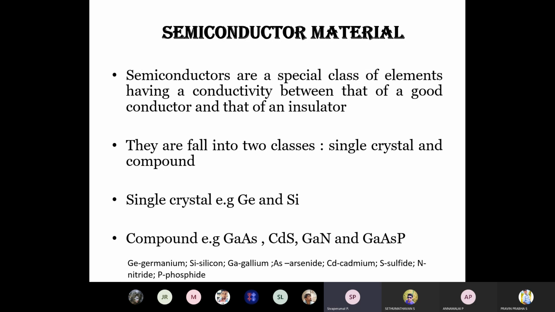Compounds are gallium arsenide, gallium nitride, and gallium phosphide. Those we have discussed for compounds, and for single crystal it is only silicon or germanium. The materials are classified into these two sections.